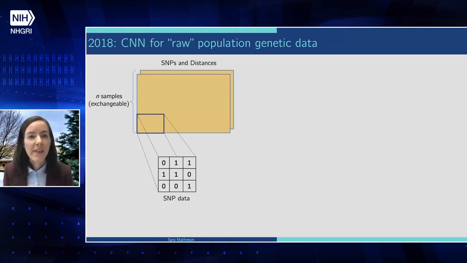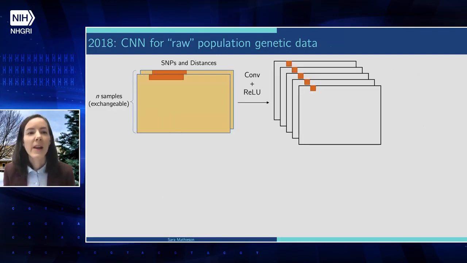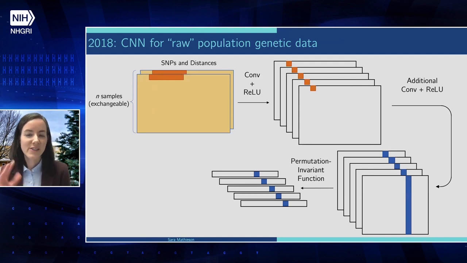And we fed this not through these square filters, but actually used filters of height 1. So these filters actually only spanned one haplotype or one sample, and thus they didn't encode any information about the ordering of the samples in this network. And then we did that for several layers to make sure that we weren't assuming anything about the order.